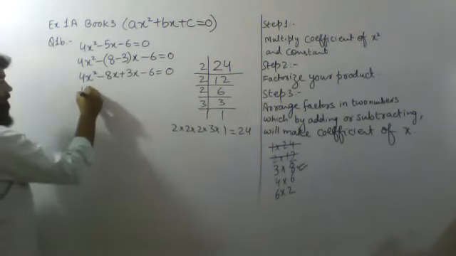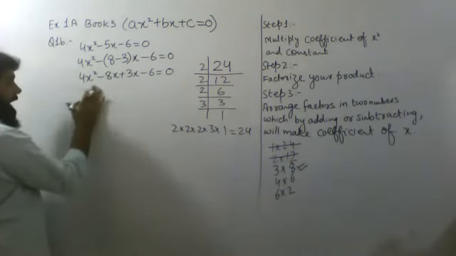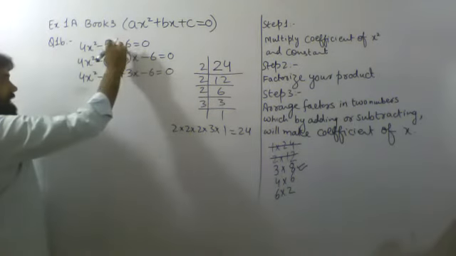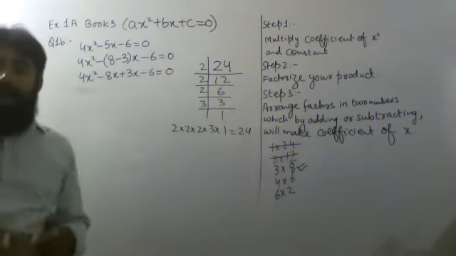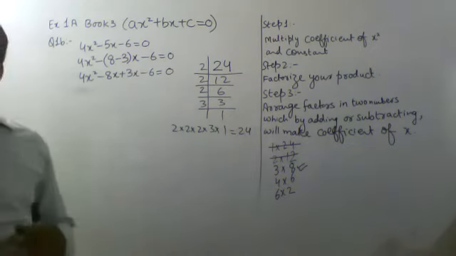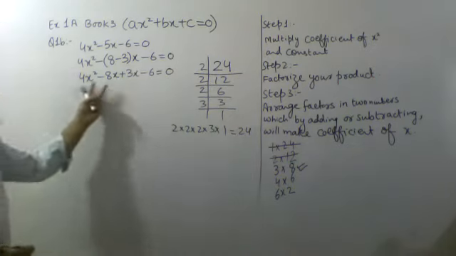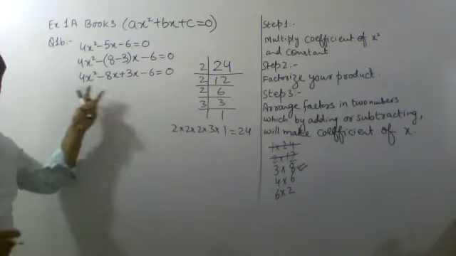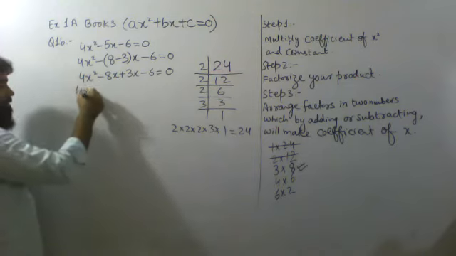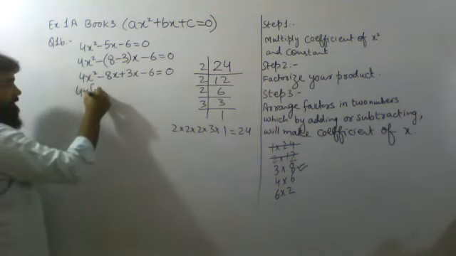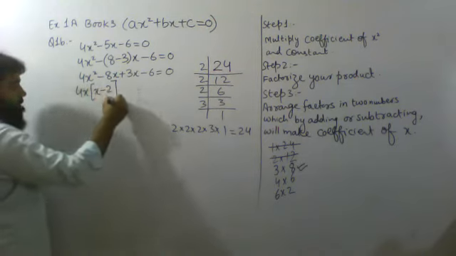After that, 4x square. Now, I'm not going to simplify it because I will be going back over here. I will be checking whether I can take anything common between the pair. Taking 4x common from here, this will be x minus 2.